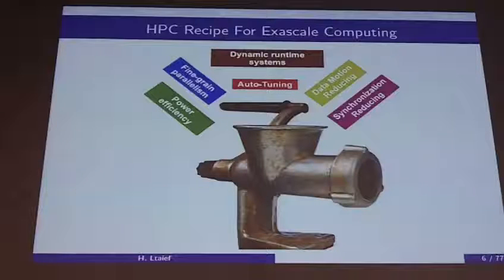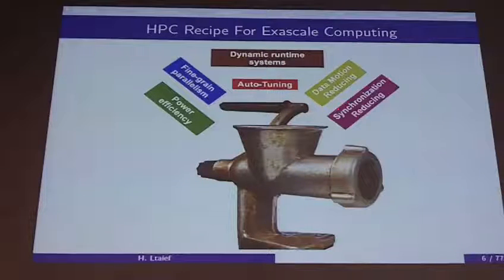Okay, so this is my HPC recipe for Exascale computing. There are a lot of keywords that I'll be mentioning during my talk. Power efficiency, a big deal. Fine-grained parallelism, since you're going to have a lot of cores to exploit efficiently. Auto-tuning, of course, since you don't want to re-implement the core kernels of your application every time a new hardware comes up.